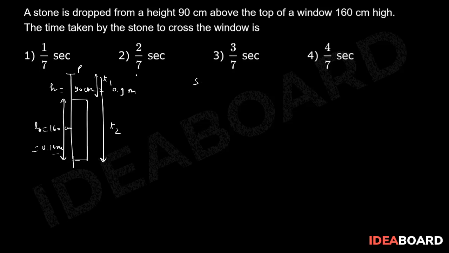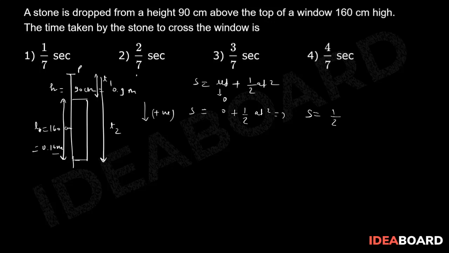So we can utilize S is equal to ut plus half at square. Clearly I am taking the downwards direction as positive, so S is equal to, u is of course 0, so 0 plus half at square.